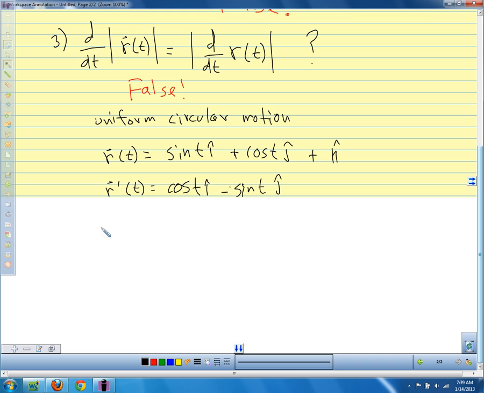The magnitude of r prime is what? What's the magnitude of this vector? 1. So this is our second quantity, the magnitude of r of t.